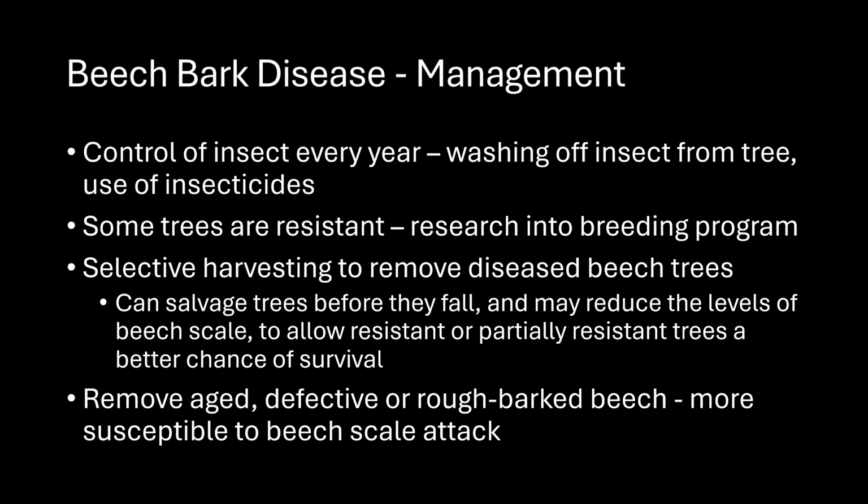When they're removing the diseased beech trees, they're reducing the levels of that scale insect, and then they're keeping the beech trees that are resistant or partially resistant in the woods for a better chance of survival. So it's like you're cutting out the sick trees to prevent more trees from not only getting infected, but just let the ones that are resistant in that area take over.